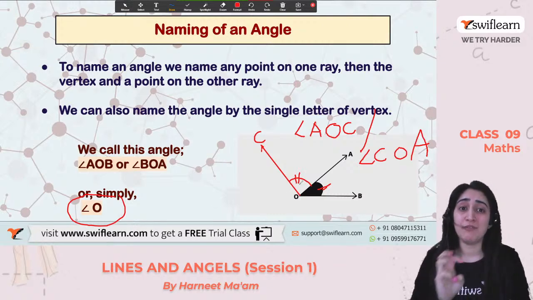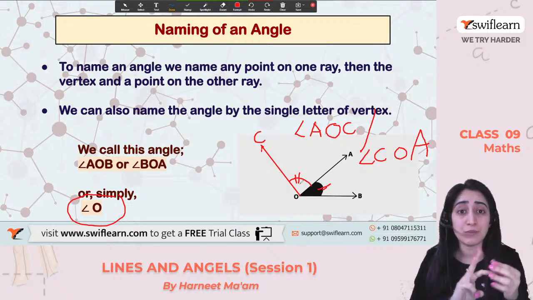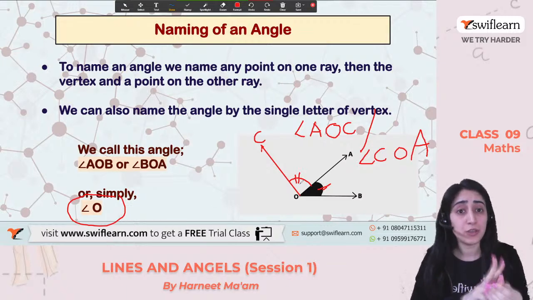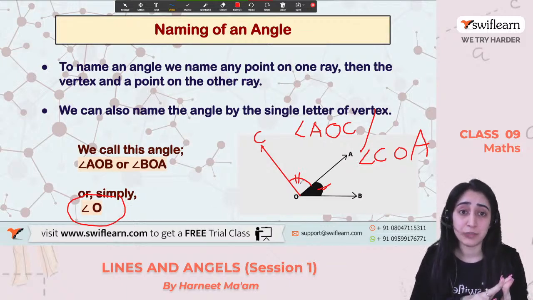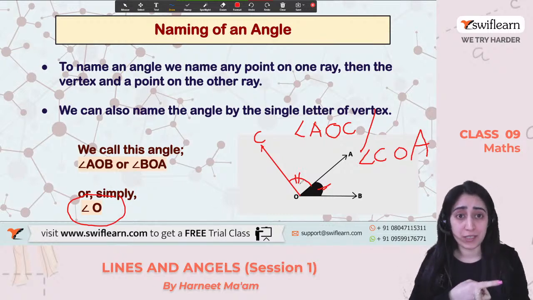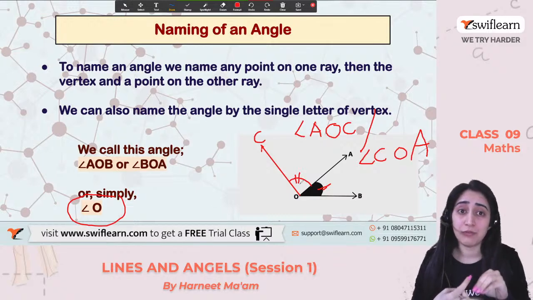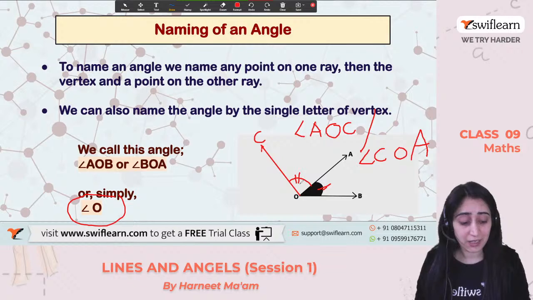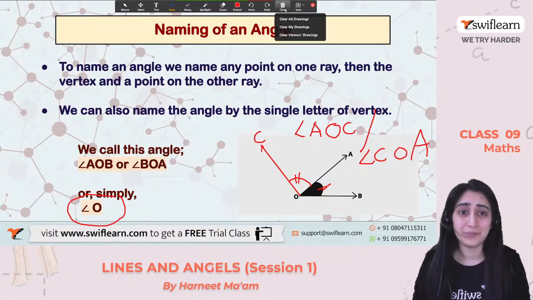So this is why we use three names, two names of the points on the arms that help us. And the vertex, the point of intersection or the point where the angle has been formed, has to be the center point. Clear with this one? Yeah. Okay.